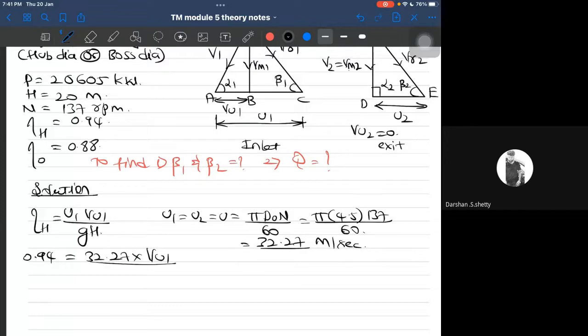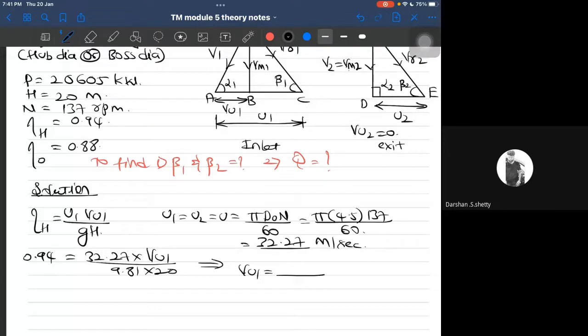So from this, what is the value of VU1 you are going to get? The procedure remains the same for almost all the problems. So VU1 is 5.71 meters per second.